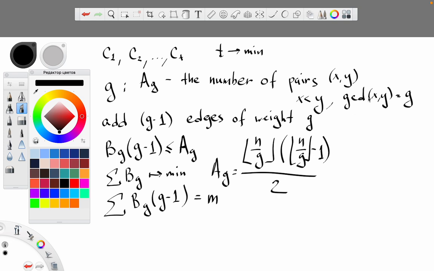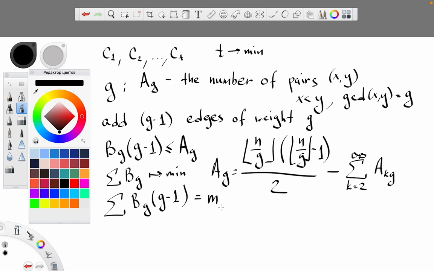The fact that both of those numbers are divisible by G means that the GCD is divisible by G, but that doesn't mean that it is exactly G. So we subtract all the A's for numbers that are greater than G and divisible by G. And so we can calculate this in n log n time. Okay, cool.